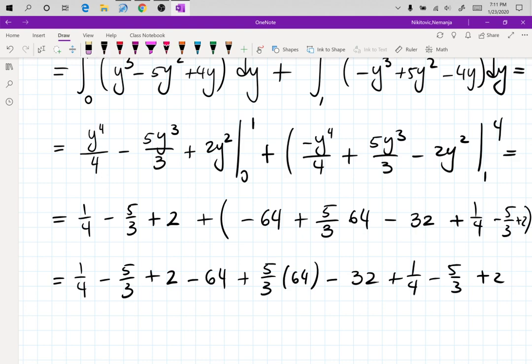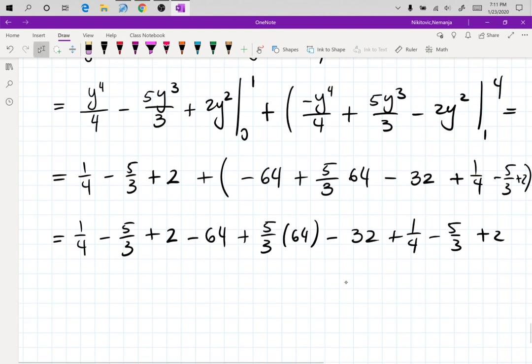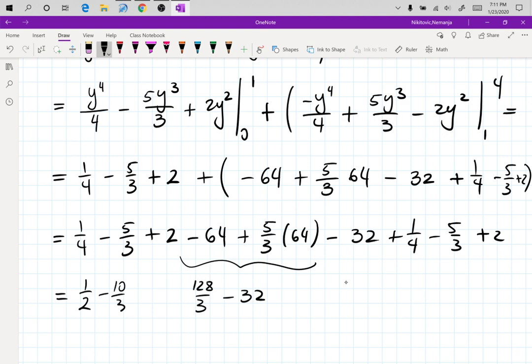Okay, so is there anything I can cancel? Great. We can deal with this. Then 8 over 3 minus 32. Now 1/4 and 1/4 is a half. Minus 5/3 minus 10/3 plus 4 minus 32.